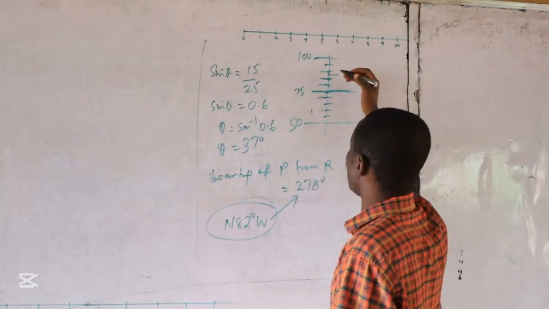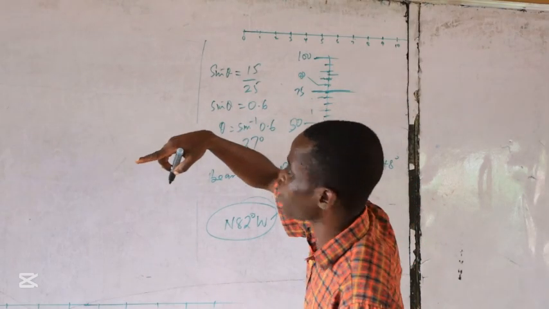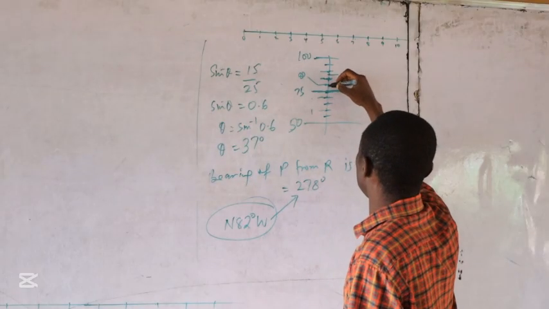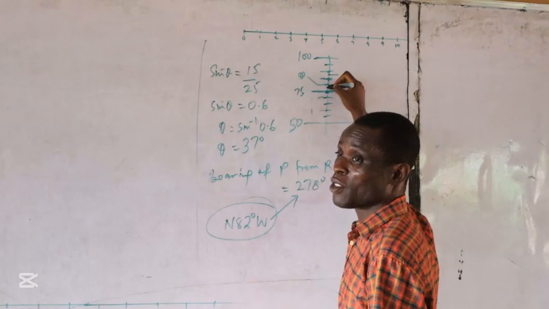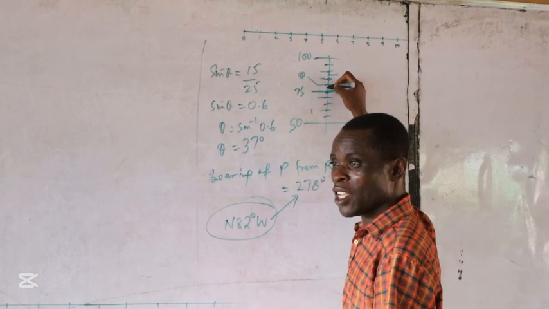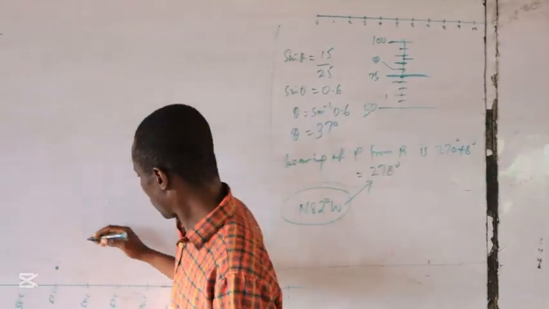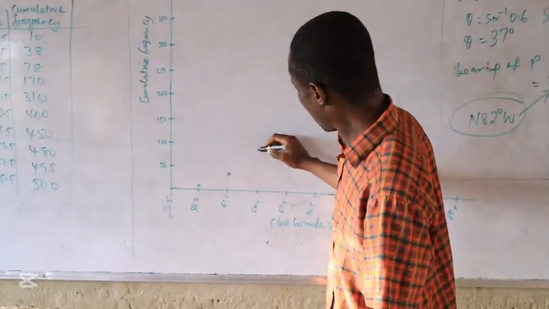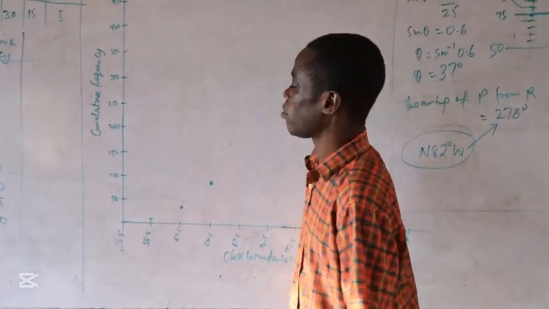So the next one is 80, and we are looking for 78. The difference between 75 and 80 is 2.5. When you add 2.5 to 75, that's 77.8. So you can plot 77.8 for 78. I don't really get the accurate one, so let me put it here.